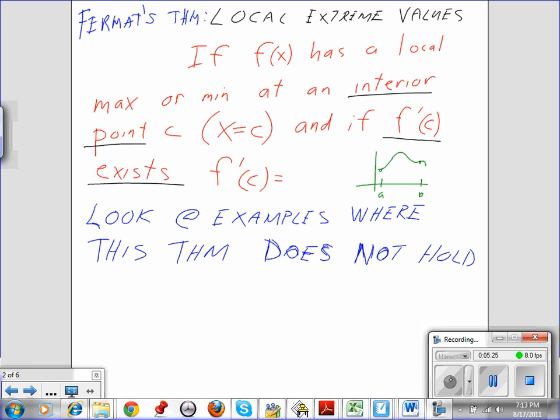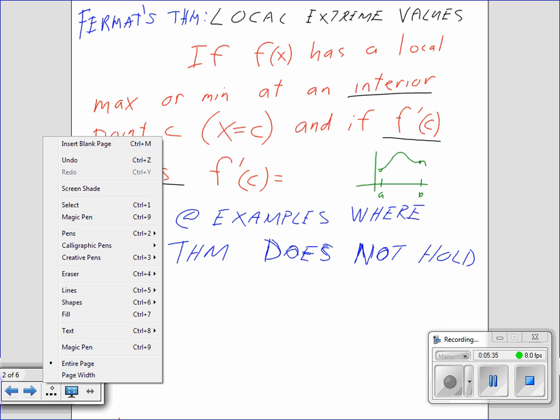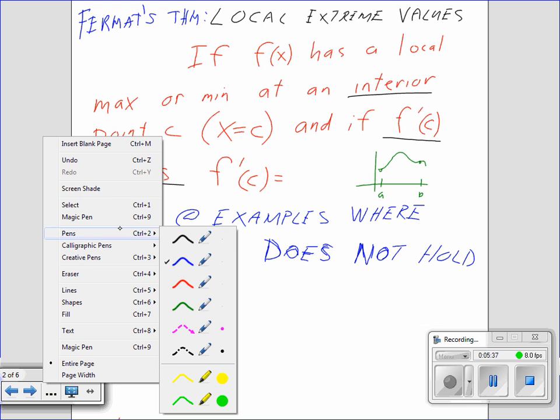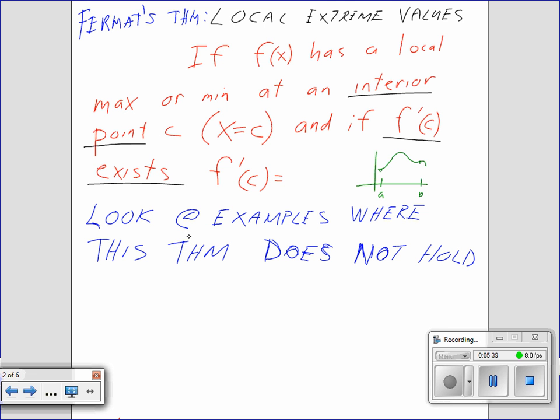Continuing on then with our application of the derivative, we are interested in finding maximum and minimum values. Here's a theorem where you don't need to remember the guy's name, although it's always impressive on any Jeopardy challenge. In your book, it's listed as Fermat's theorem. It's a theorem of finding local extreme values.